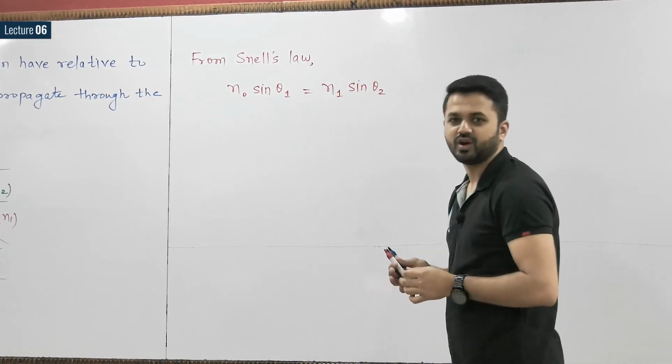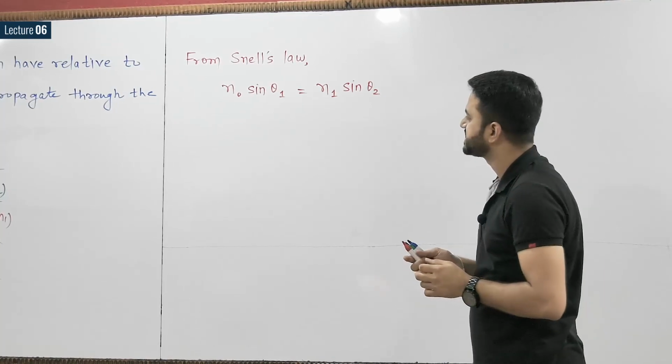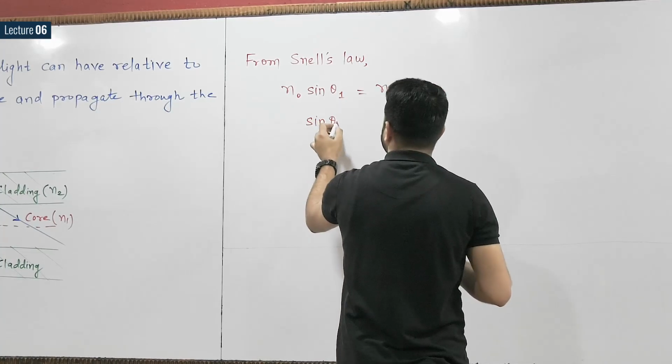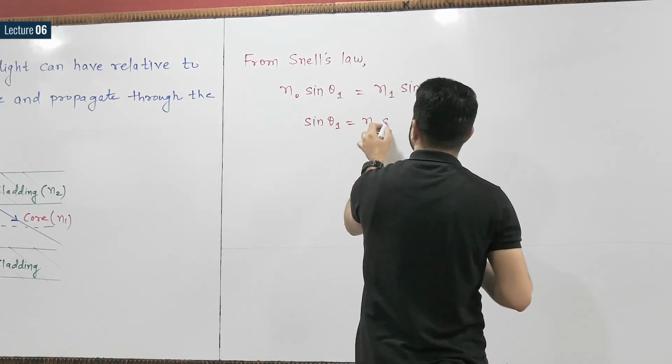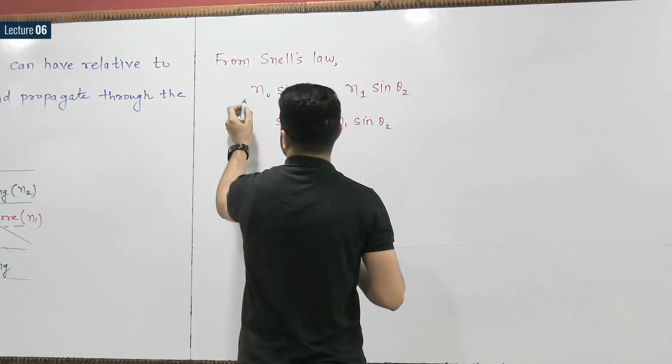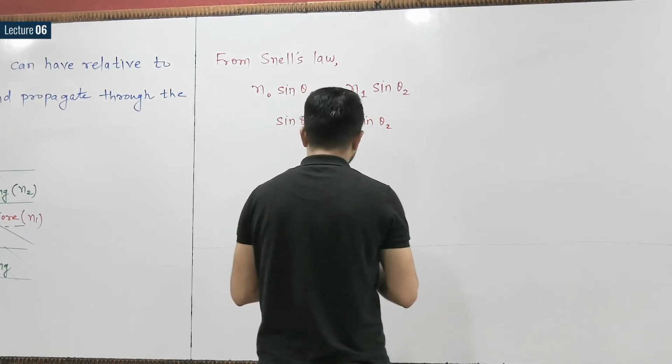So this is Snell's law, and because air has the refractive index 1, it will become sine theta 1 = n1 sine theta 2, because the refractive index of air is 1.